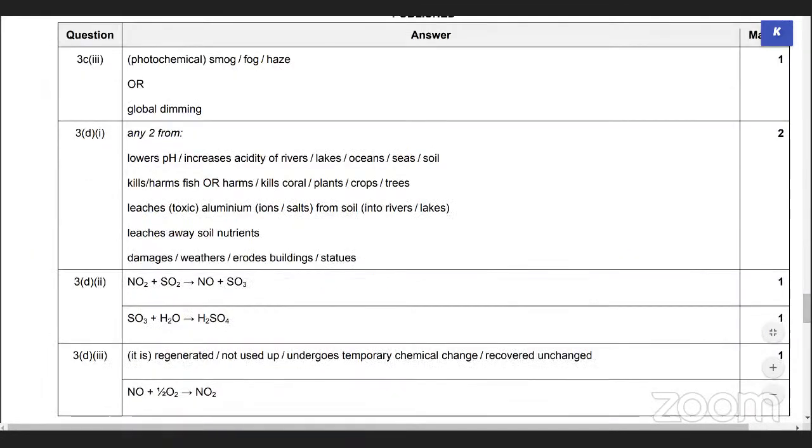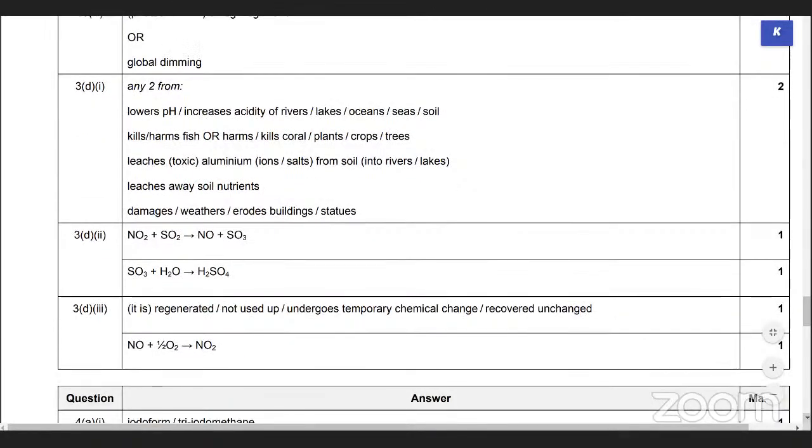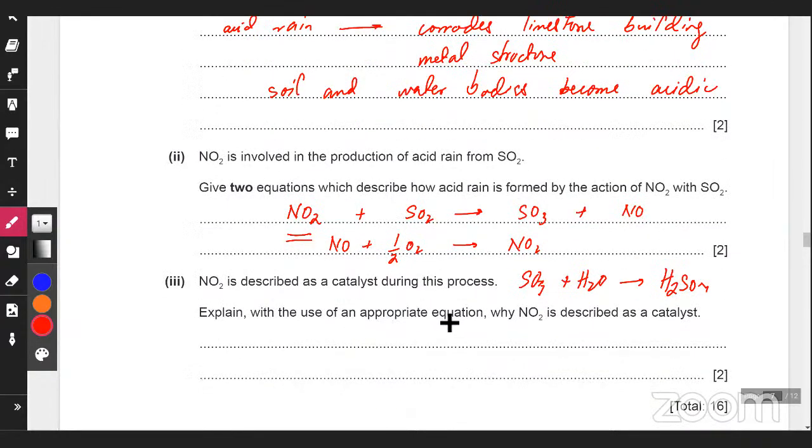But here the third one is also given, because they were talking about forming acid rain. So the SO3 reacts with water to form H2SO4.